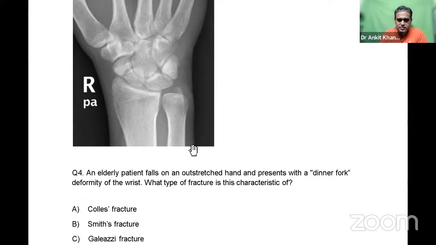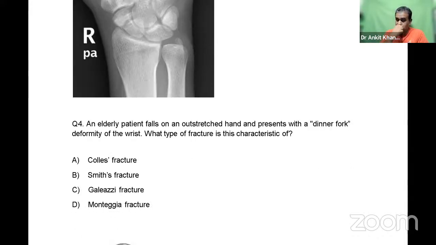Let us see the next one. Another fracture question. An elderly patient falls on an outstretched hand and presents with a dinner fork deformity of the wrist. What type of fracture is this characteristic of? When you study orthopedics, this case is shown to you, and you can see it in OPDs and X-rays a lot.